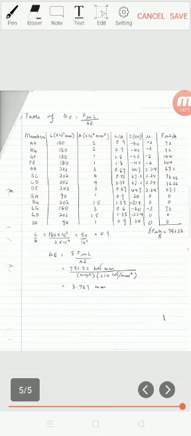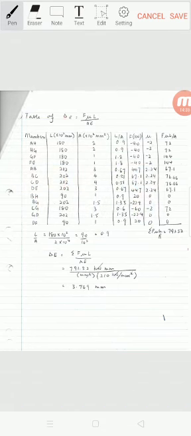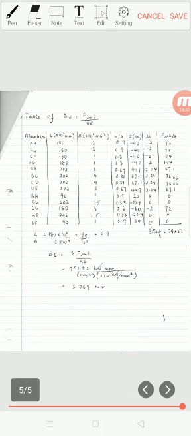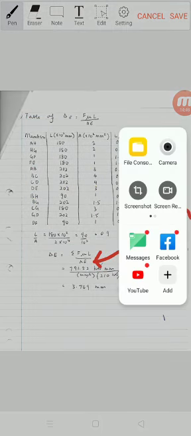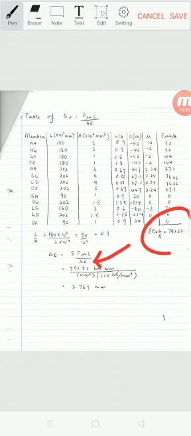In the far end column of this table, I calculate F times mu times L over A. I don't include E here because E is similar in every member. I only include E here, after I have found the summation of F mu L over A.